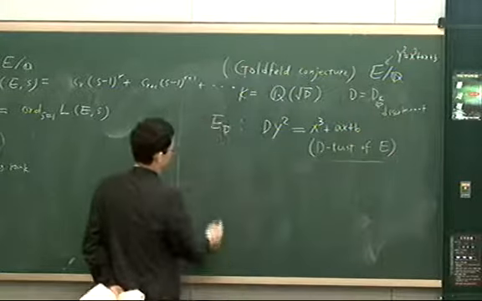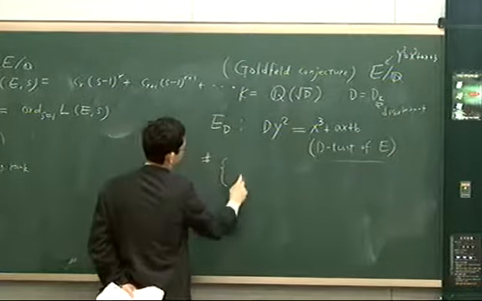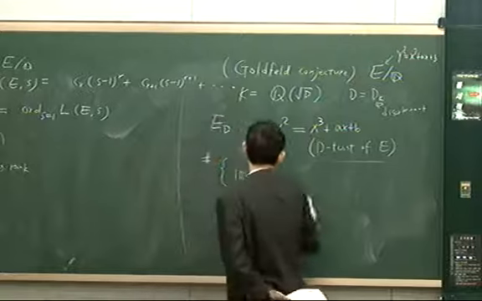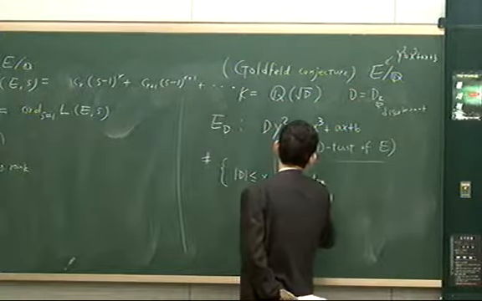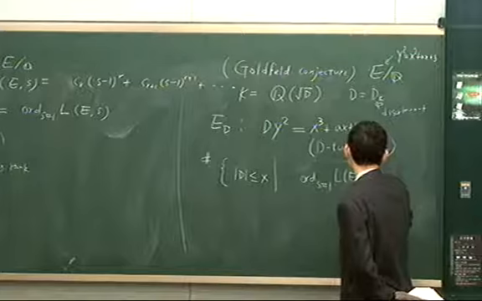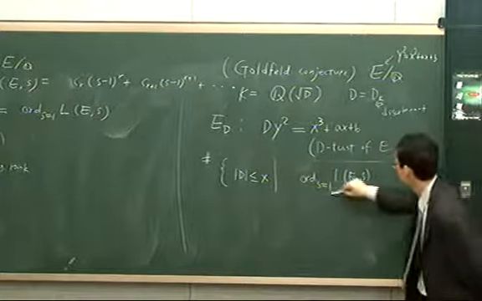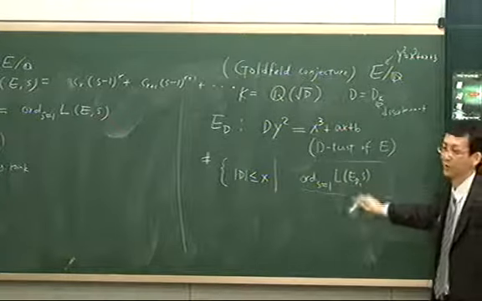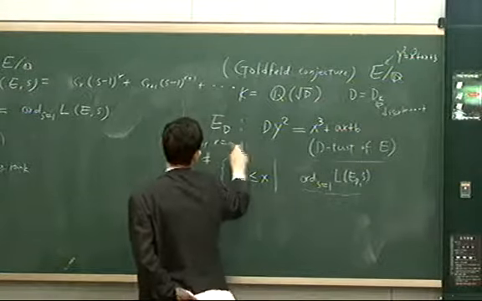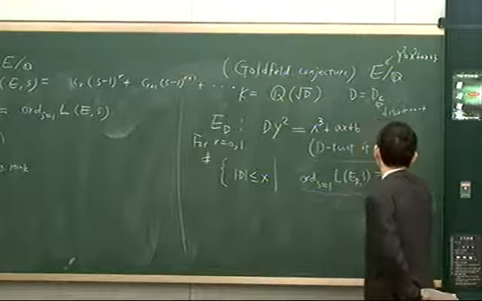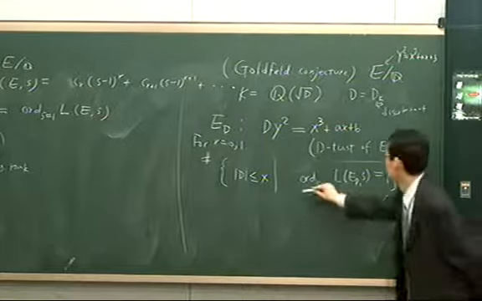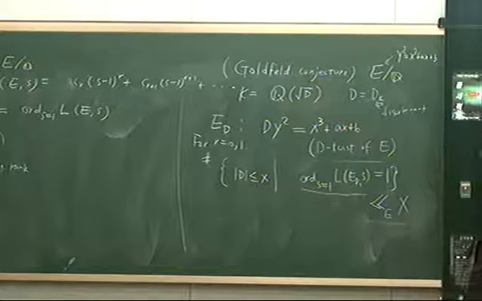The Goldfeld conjecture is that the number of discriminants d less than or equal to x, such that the order at s equal to 1 of the L-function of E_D, so this order is the analytic rank of the d-twist, for r equal to 0 and 1, has density of positive proportion.